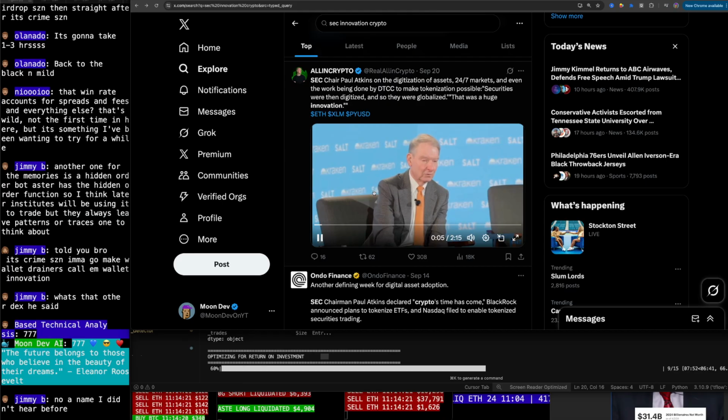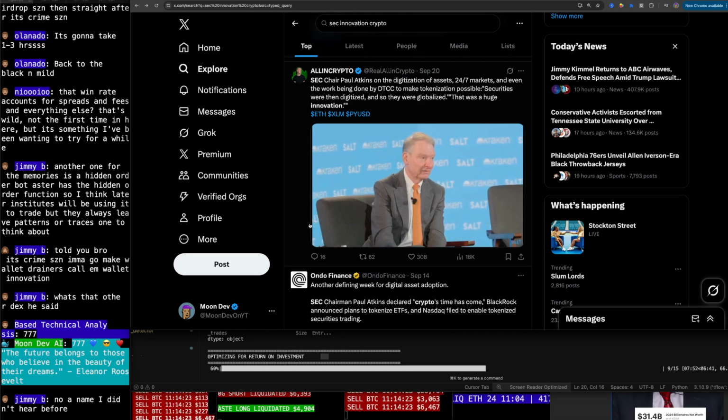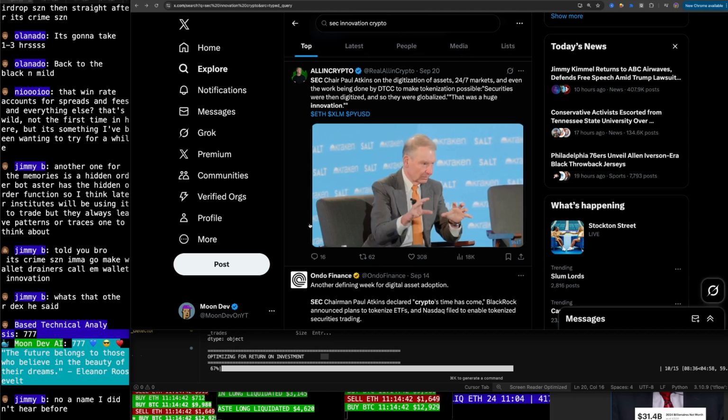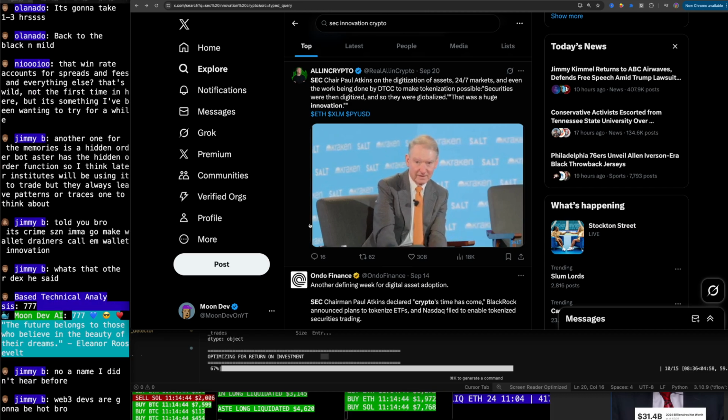Securities markets around the world. So anyway, about 24/7 potentially securities markets around the world. So anyway, the SEC was there and worked with the industry, and that's how DTCC came about, where securities were then digitized, and so they were globalized, and immobilized that way, and then traded digitally.